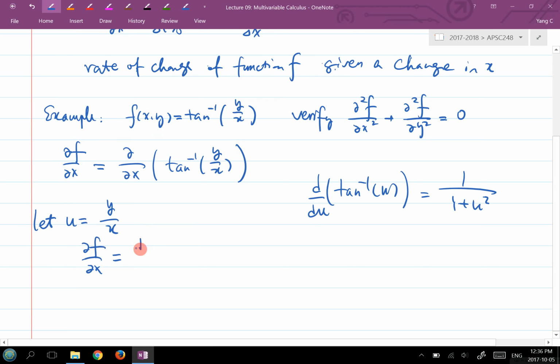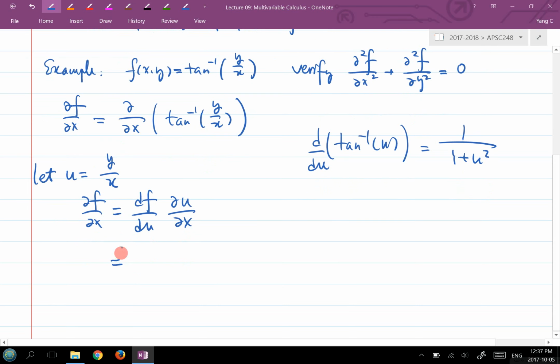So we can write it as df over du times partial u over partial x. The first one here is not partial f over partial u, because when you replace y over x with u, it's a single variable function. So that's a straight df over du, then partial u over partial x. That's the simple chain rule set here.